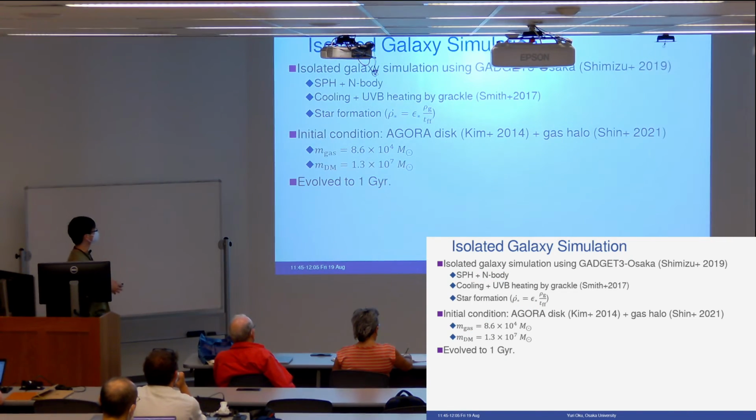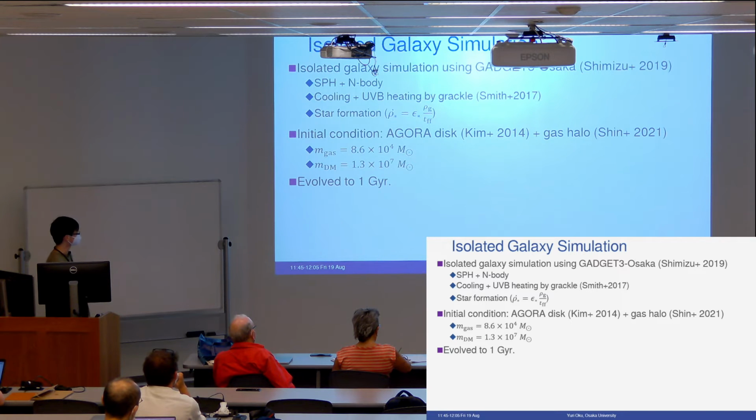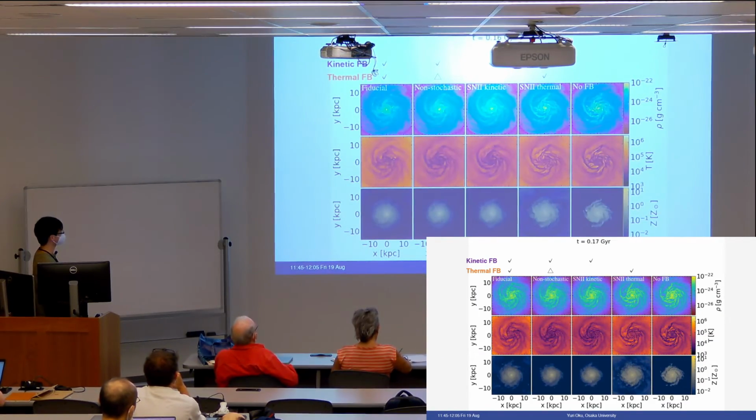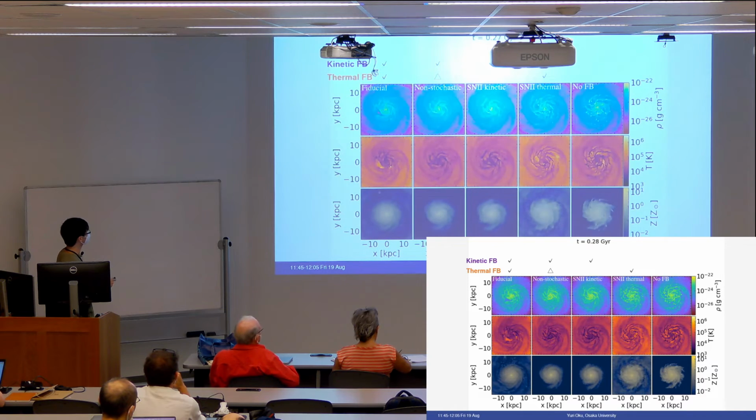I implemented the model in the Galaxy Osaka code and ran an isolated galaxy simulation. We use the IC from AGORA and added a hot gas halo following Shin et al. Here I compare 5 cases, turning each feedback mode on and off.